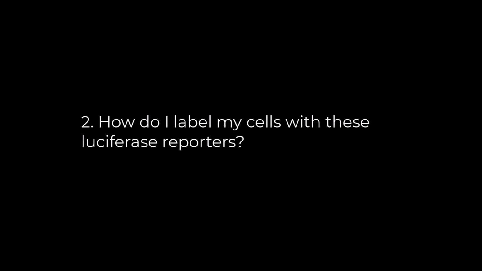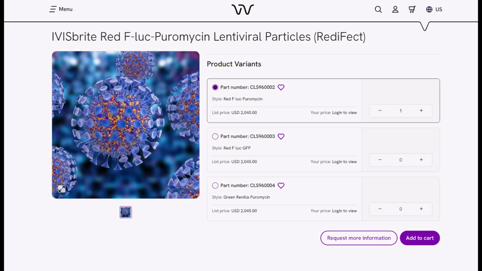So how do I label my cells with these luciferase reporters? Stable transfection using lentiviral vectors is a preferred method for labeling cells with luciferases. One can purchase a luciferase plasmid from various commercial vendors, design a lentiviral delivery system, and use conventional molecular biology techniques to efficiently transduce their cells with these proteins.